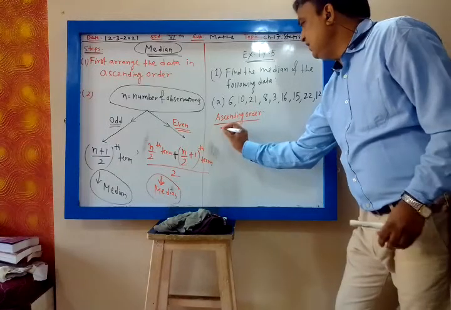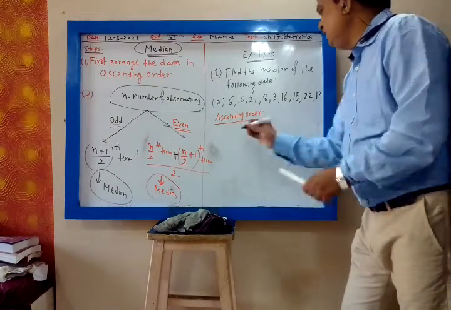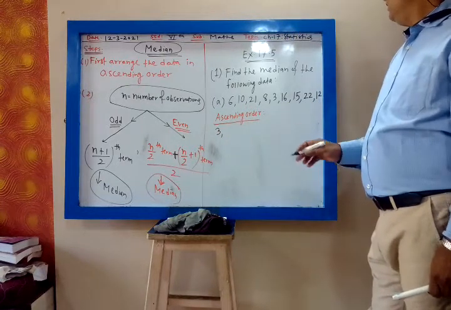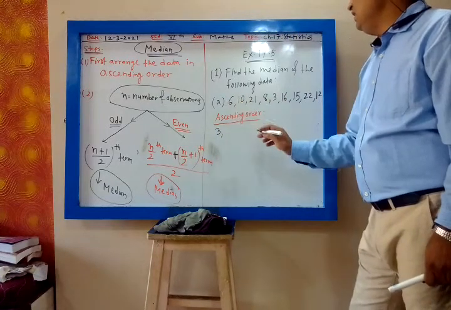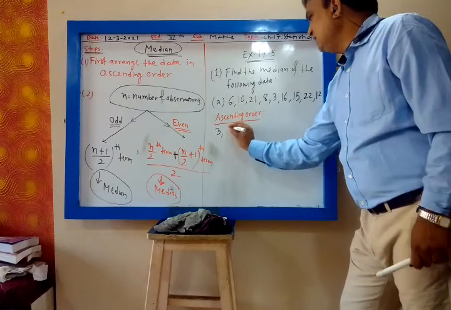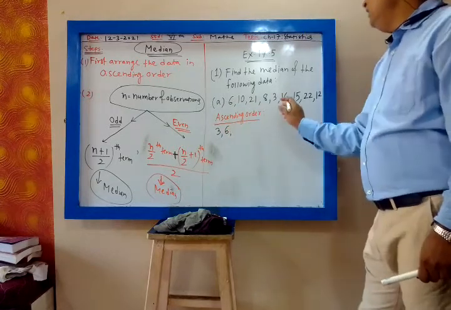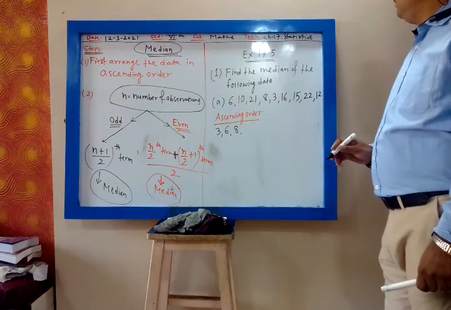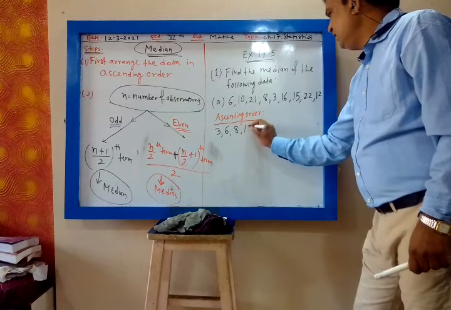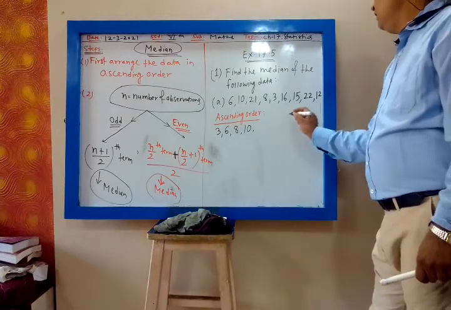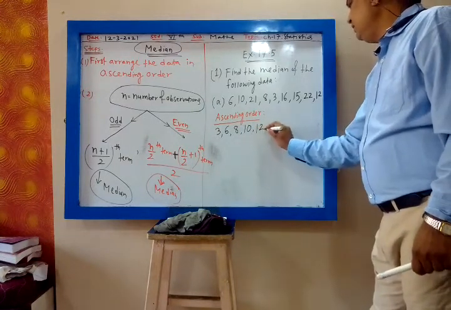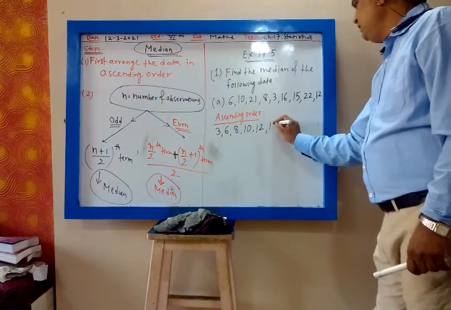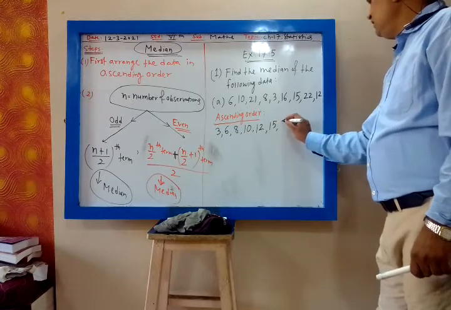3. First I will write 3. After 3, 6 is there, my dear. 3, 6. Then after 6, 8. Then after 8, 10. After 10, 12. After 12, 15. After 15, 16.